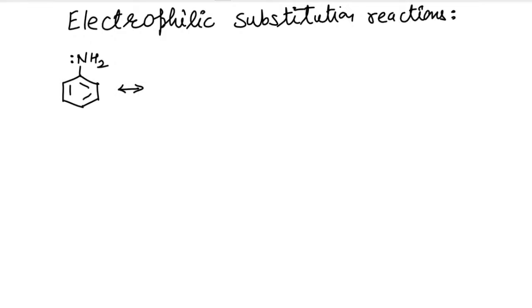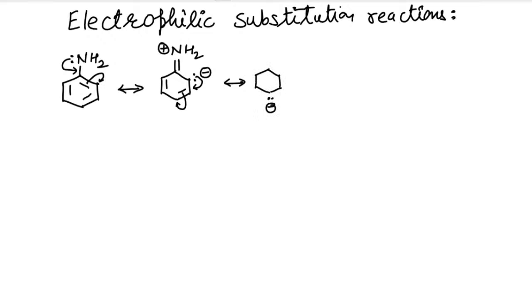Because of the presence of the lone pair in conjugation with the ring, the first structure is this, the negative charge is at the ortho position, then the negative charge is at the para position.